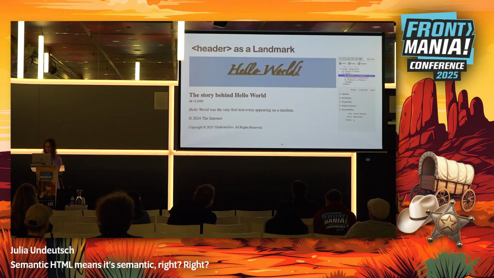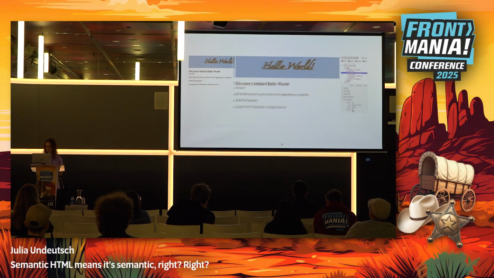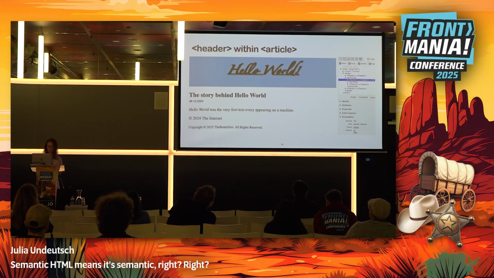So we have the header element as a direct child of the body, and we can see in our accessibility pane that it has a role of banner by default, and its parent is a document. When using it below an article, as the direct child of the article element, then it is ignored by the accessibility pane, so not available for screen readers, and it's not a banner anymore, but just a generic element.